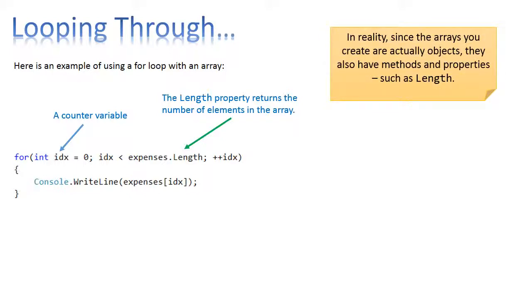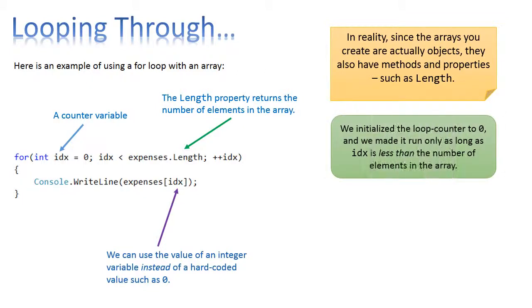Now, since arrays are actually objects, they also have methods and properties. One of these properties is Length, which returns the number of elements in the array. And here we also show how we can use the value of a variable for the index number instead of hard coding the value in like 0, 1, or 2.